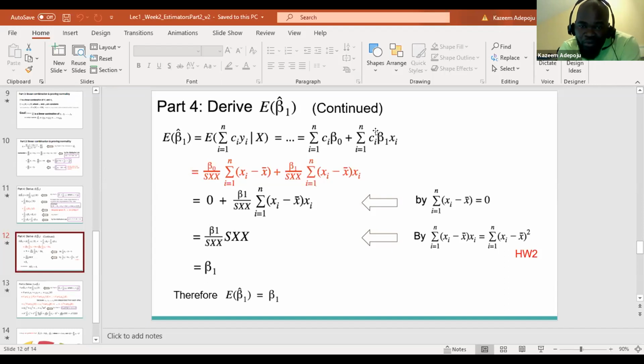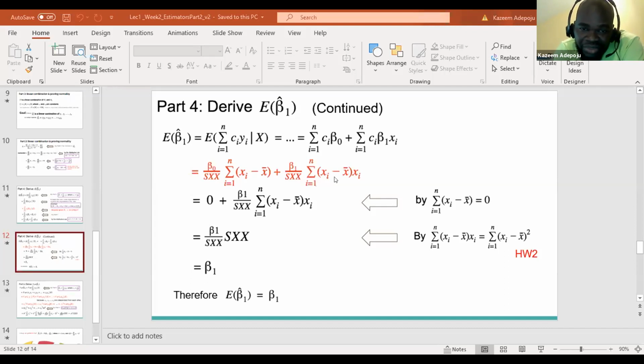If I bring a beta 1 outside here, which is this one, then don't forget that I said Ci is the same thing as the summation of xi minus x bar divided by Sxx. I'm using Ci to denote that. Our Ci is taken as xi minus x bar divided by Sxx. This quantity divided by this is what we're taking as Ci.